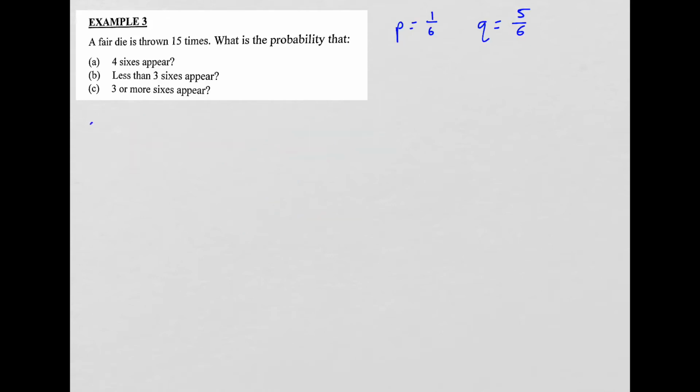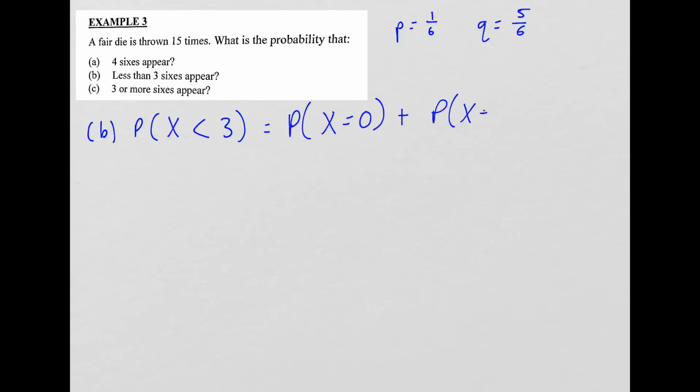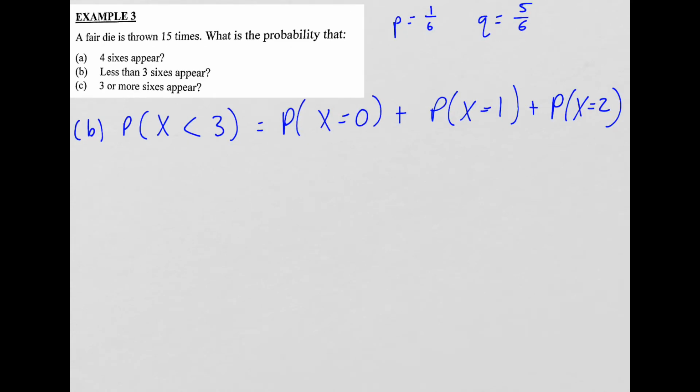Let's look at B now. The probability that less than 3 6s appear. So now we're looking for the probability of the random variable x less than 3, which we know must be the probability of x equals 0 plus the probability of x equals 1 plus the probability of x equals 2. Right, so let's just populate all of these.